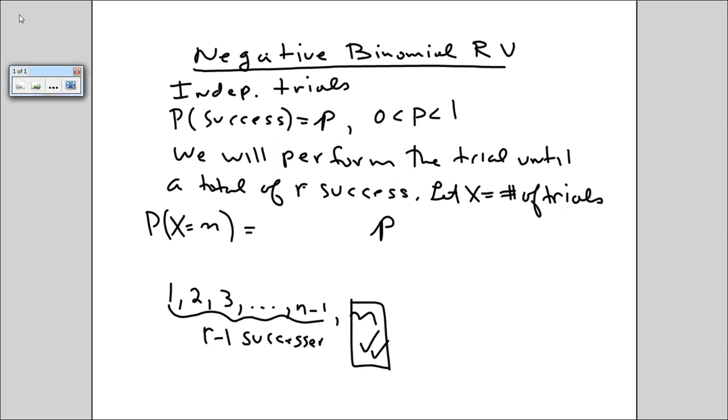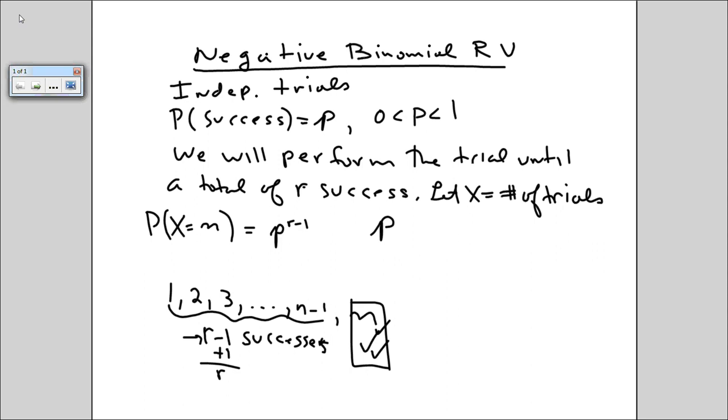Okay, so we are going to have P to the R-1. Well, how many failures are we going to have? Well, so far, we have R-1 successes and 1 more. That is, we have R successes. Well, it took n games to have R successes.